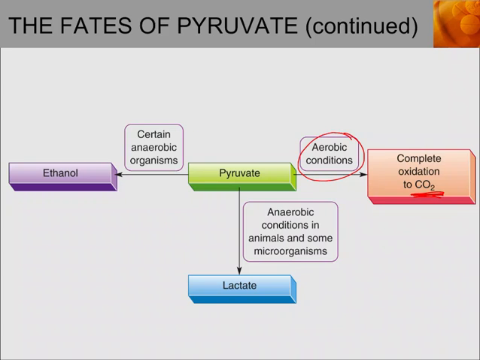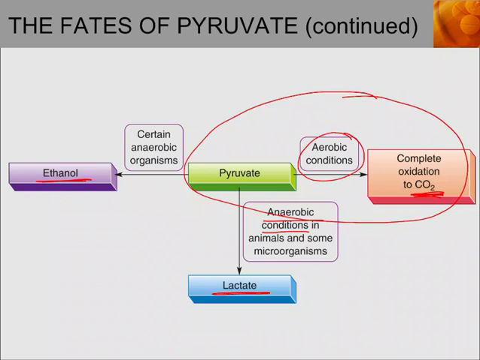Additionally, pyruvate can be converted into lactate under anaerobic conditions, so without oxygen, or it can also be converted to ethanol in certain anaerobic organisms. Okay, but we're mostly going to focus on the aerobic conditions.